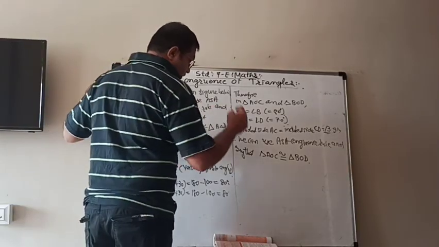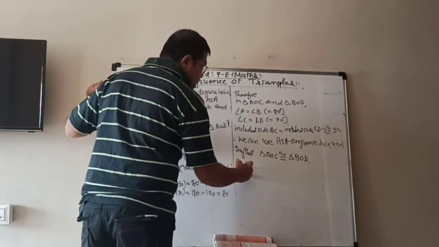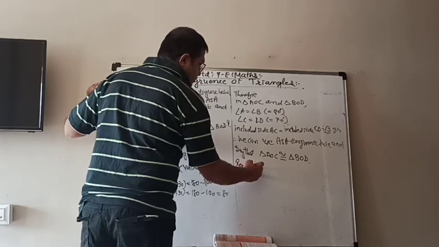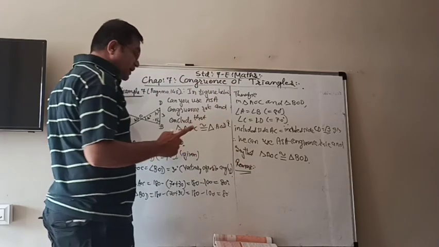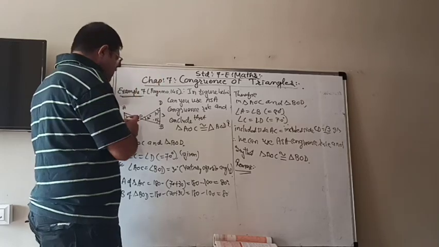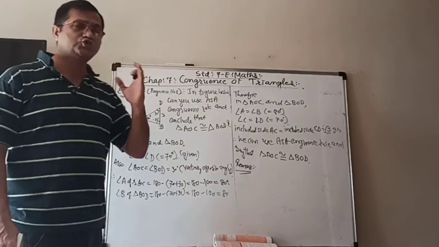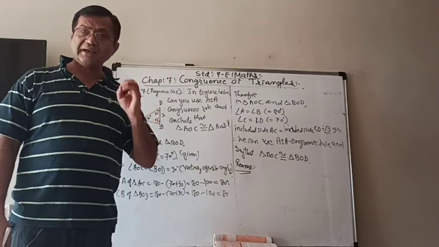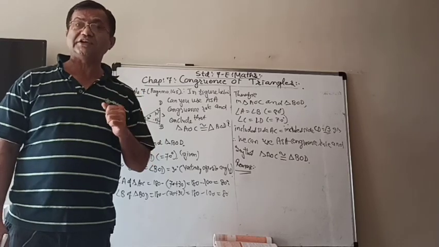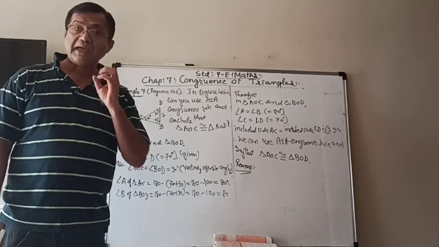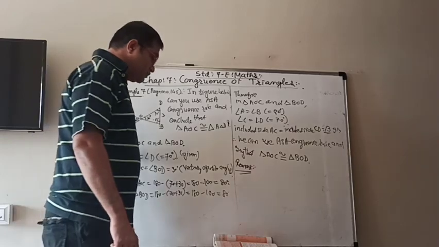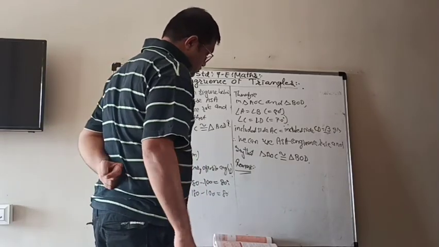Let us write down a remark. The remark is that in this situation, if two angles are given but the side is not included, then using the angle sum property we can find out the third angle.